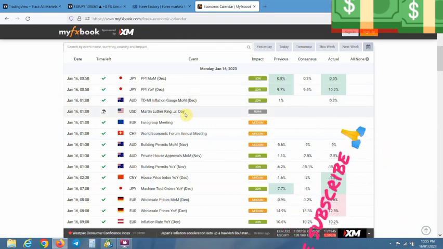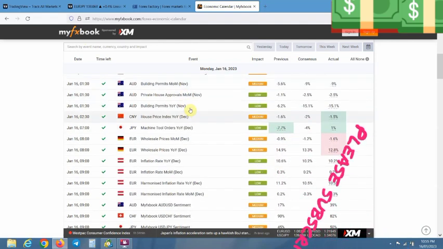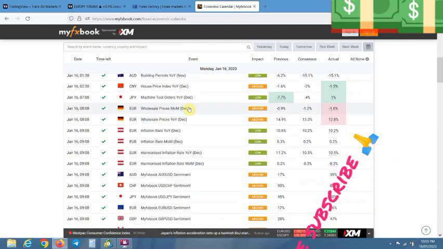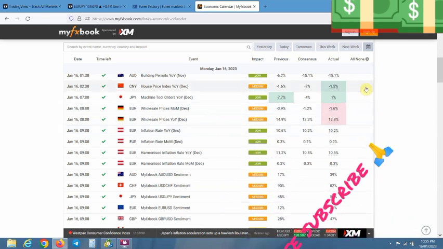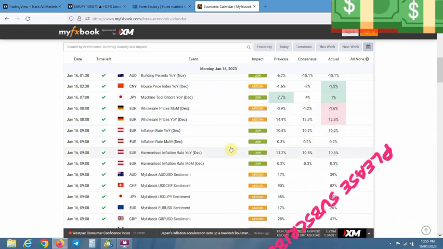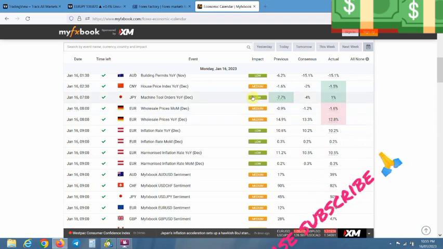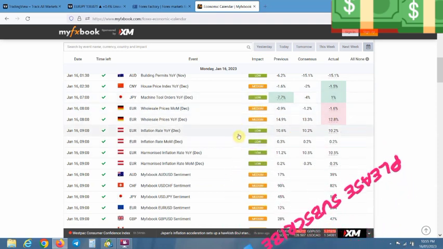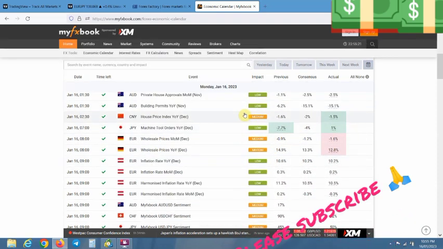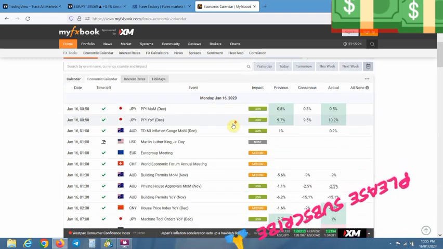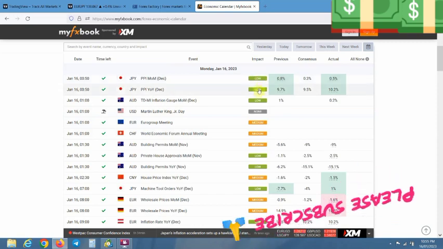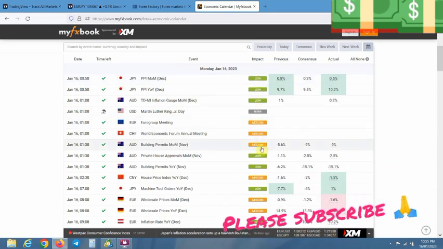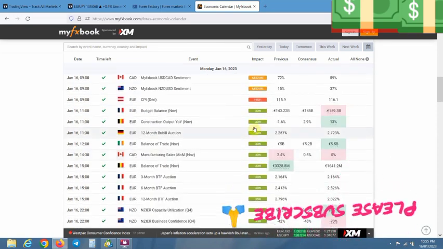Okay, so because they give us that access to determine or to check our account, you understand. And also they have an understandable way of interpreting the news event. As you can see here, it will show you which news has low impact, which has medium impact, and they also show you the news that has high impact.